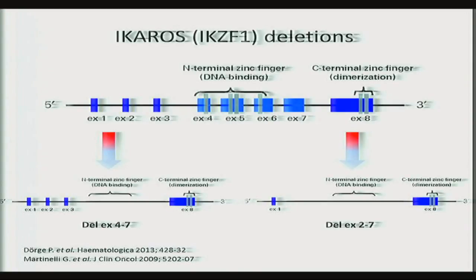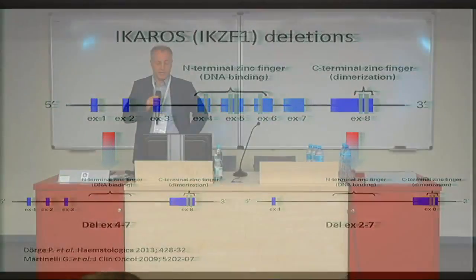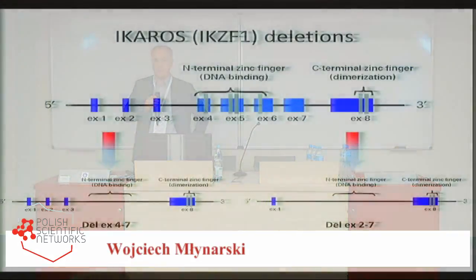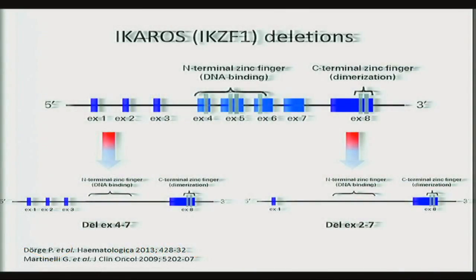So basically, in most cases, we have an intragenic deletion, which occurs between exon 4 to 6 to 7. And this gene lacks the DNA binding domain. Unfortunately, this can generate a heterodimer with the normal allele of the gene, and finally develop a kind of dominant negative effect for the leukemic cells.